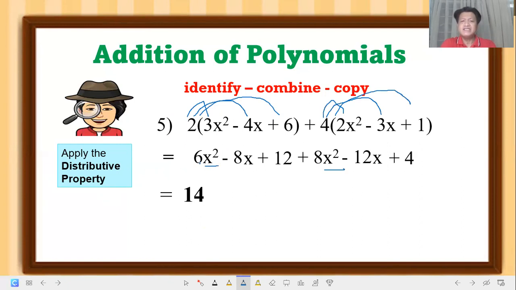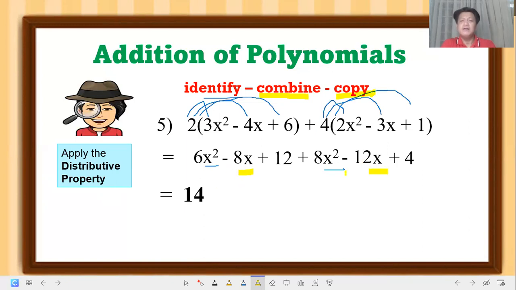Okay. So since ito ay merong x square like terms yan. Kaya nga, what is 6 plus 8? Diba 14 yan? Okay, yun yung ginawa natin. Nag-identify tayo and then nag-combine. Kaya 14 yon. And remember, you have to copy the same literal coefficient. Okay, dito naman tayo sa first degree na merong x, di ba? Ito yon. So, i-combine natin dito sa negative 12x.